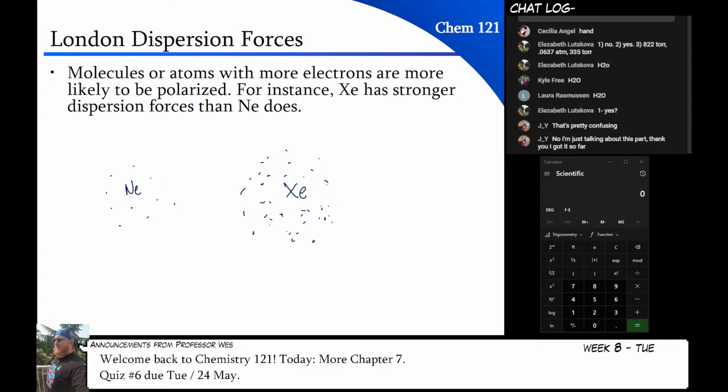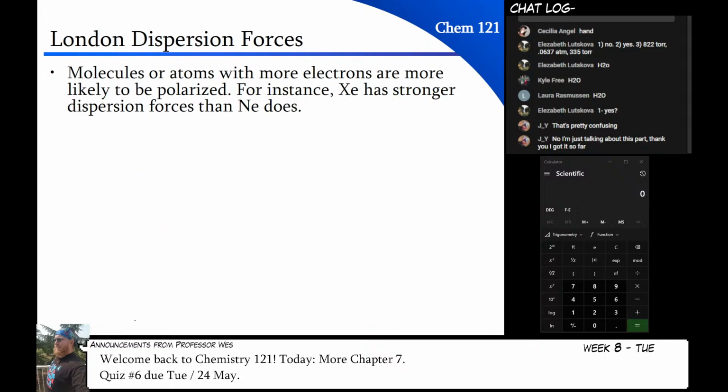If all it takes is for one electron to be on the wrong side to create a temporary dipole, it's more likely to occur if there are more electrons. So the intermolecular forces between xenon atoms would be stronger than those of neon because they're just more likely to form a London dispersion force.